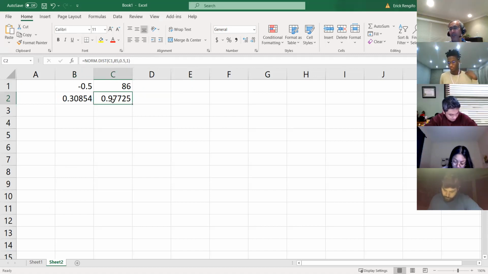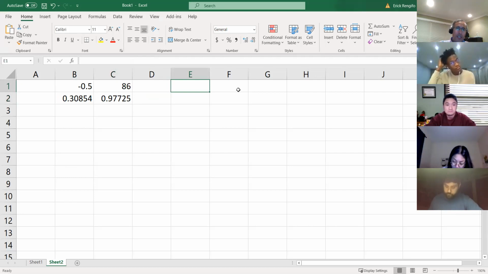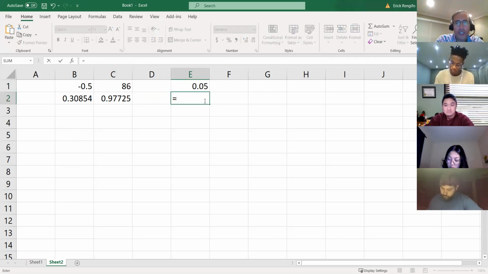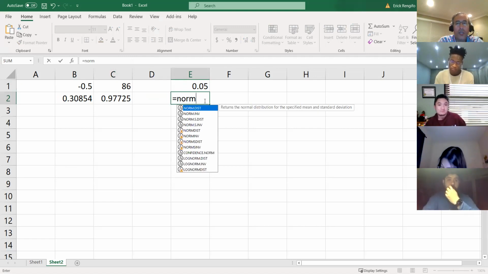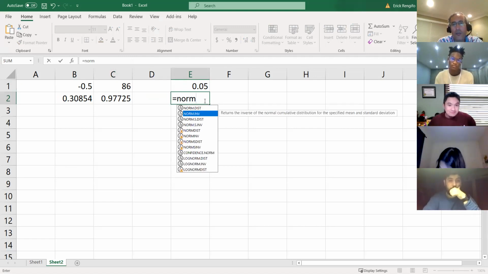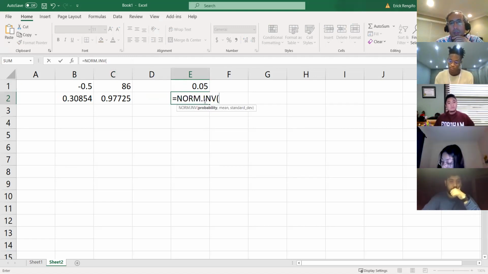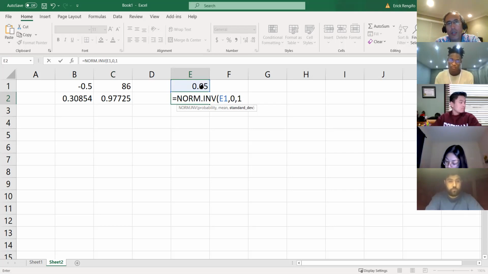Now what I'm interested in is finding probabilities. So what I will do, my C is 0.9, alpha over 2 is 0.05. And what I will do is I need the NORM.S.INV, this one here, of this one, comma, 0, comma, 1.